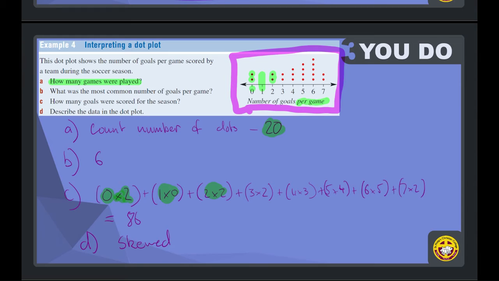So how many goals did they score in those games? They scored 4 goals, 2 times 2. In another 2 games, they scored 3 goals. So how many goals did they score in those 2 games? 6 goals. And you just keep going on, timesing this number by how many dots there are, and adding that all up together. And if you do that, you get 86.